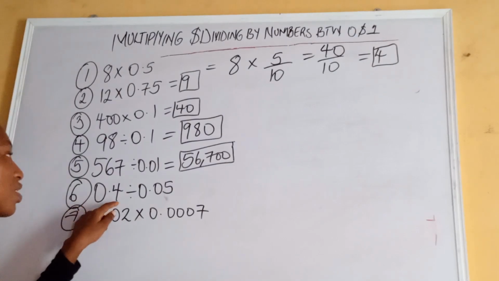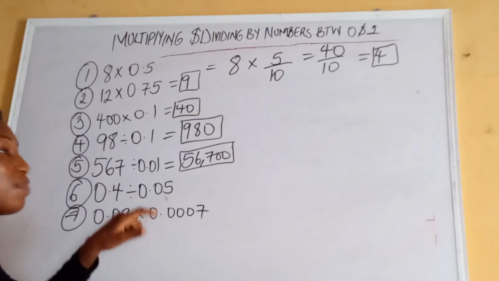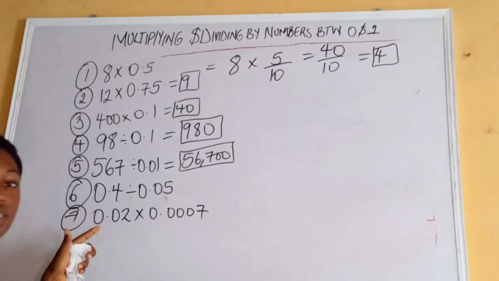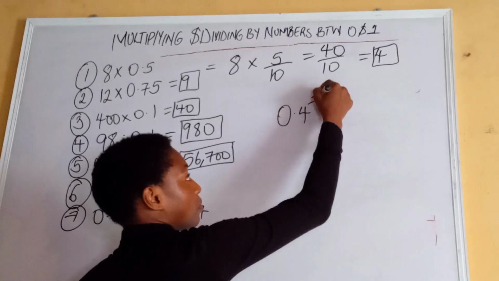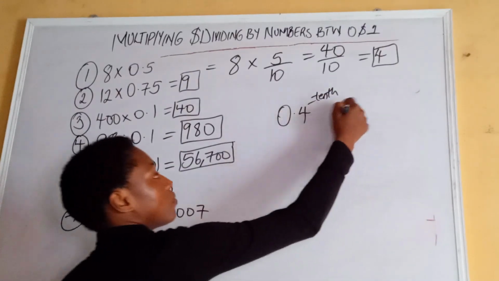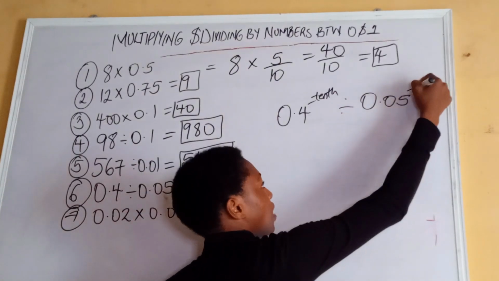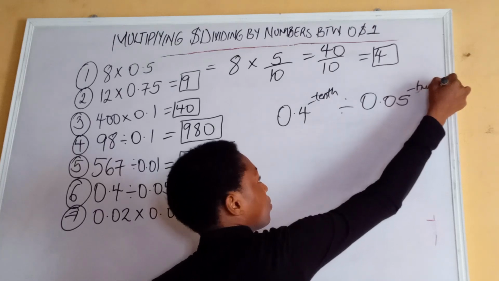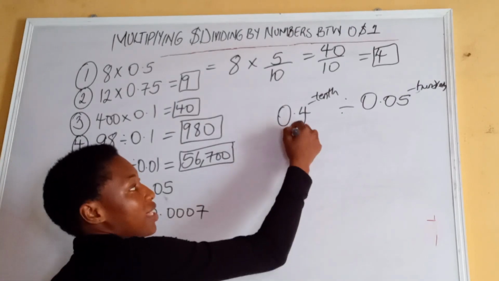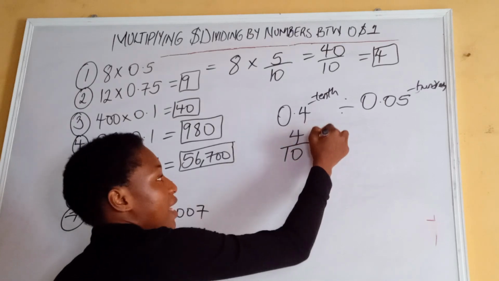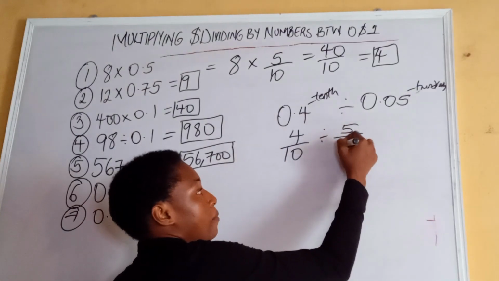Now let's look at another case scenario. We have this 0.4 divided by 0.05. What you can do in this case is, since we already know with our place value that 0.4 is in the tenth place value and your 0.05 is in the hundredth place value, this means that 0.4 can be rewritten as 4 over 10 divided by, and your 0.05 can be rewritten as 5 all over 100.